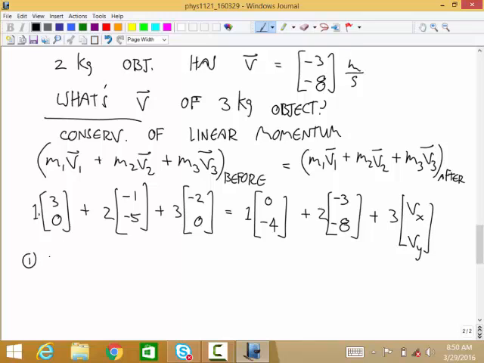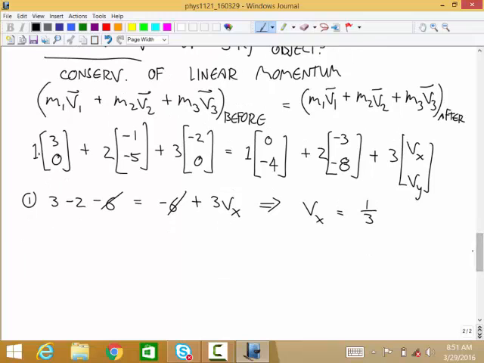So we get a first equation that says 3 minus 2 minus 6 is equal to -6 plus 3vx. And so vx is equal to 1/3. And the second equation says -10 is equal to -4 minus 16 plus 3vy.